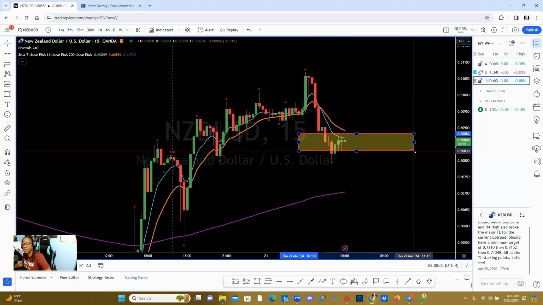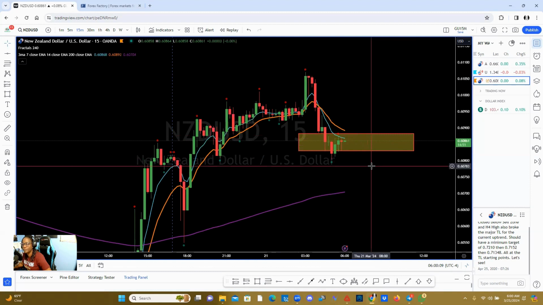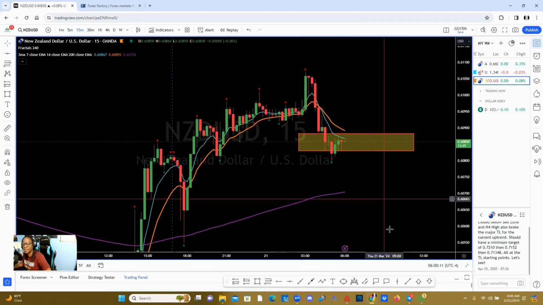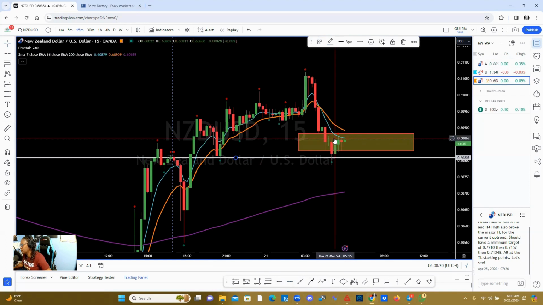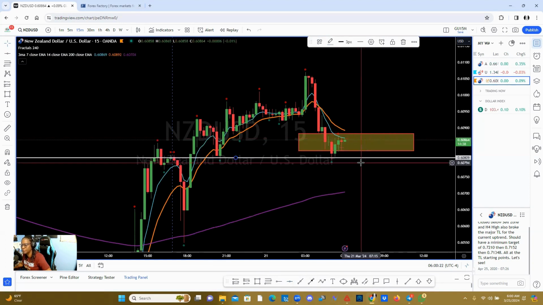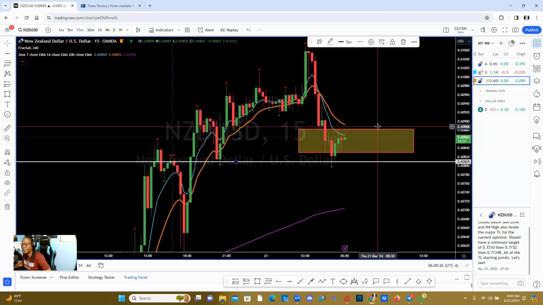I'll say over here with supply. Kind of want to wait and see, because we just tapped into this zone over here, and since then, price has been responding with rejection. So let's be patient.